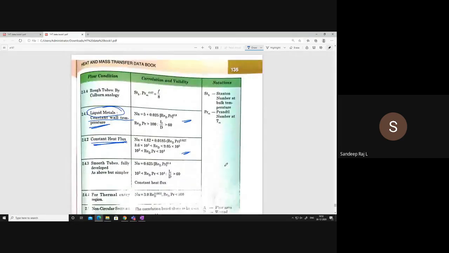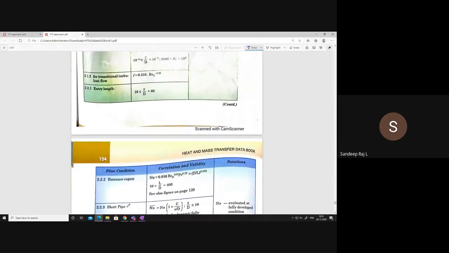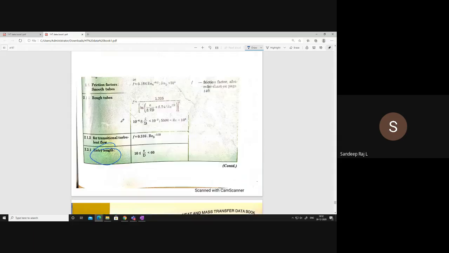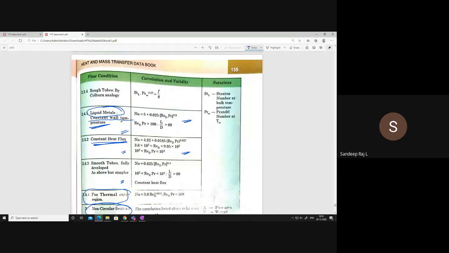If the case is fully developed flow, you will use the Dittus-Boelter equation. If it is liquid metals, constant wall temperature, constant heat flux, or fully developed, whatever case is given to you, you have to check for the case here. You may be given a non-circular section case. Many cases are there: short pipe case, entrance region pipe, entry length case.